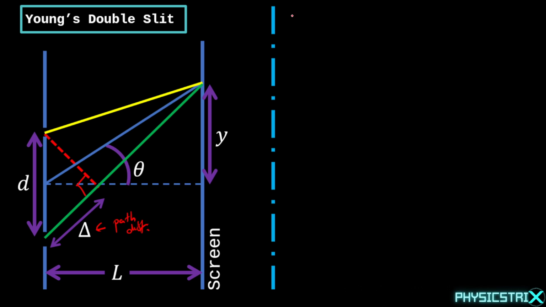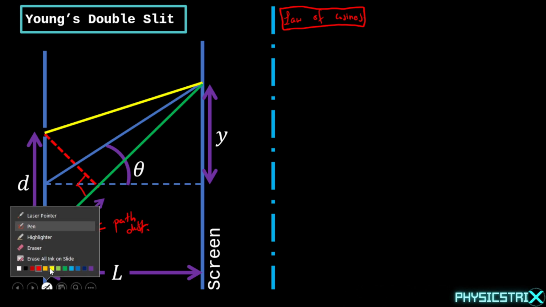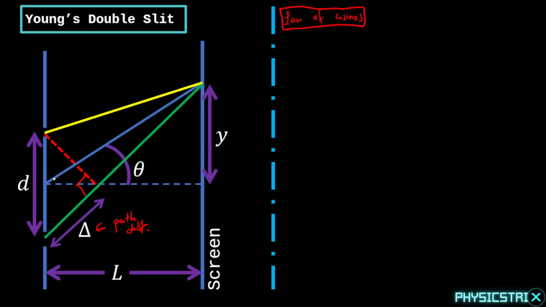One of the tools that we can use is what we call the law of cosines. This comes from trigonometry. So how can we apply that? Well, we can look at R being the blue line, the yellow line, and this half.